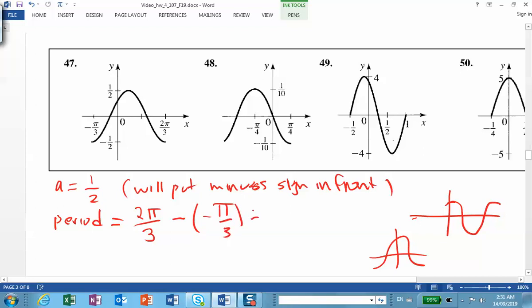Just look at that diagram, it's 3 pi over 3, which is pi. Okay, good. And the phase shift, b, is this much. So it's going to be minus pi over 3. Phase shift, minus pi over 3.